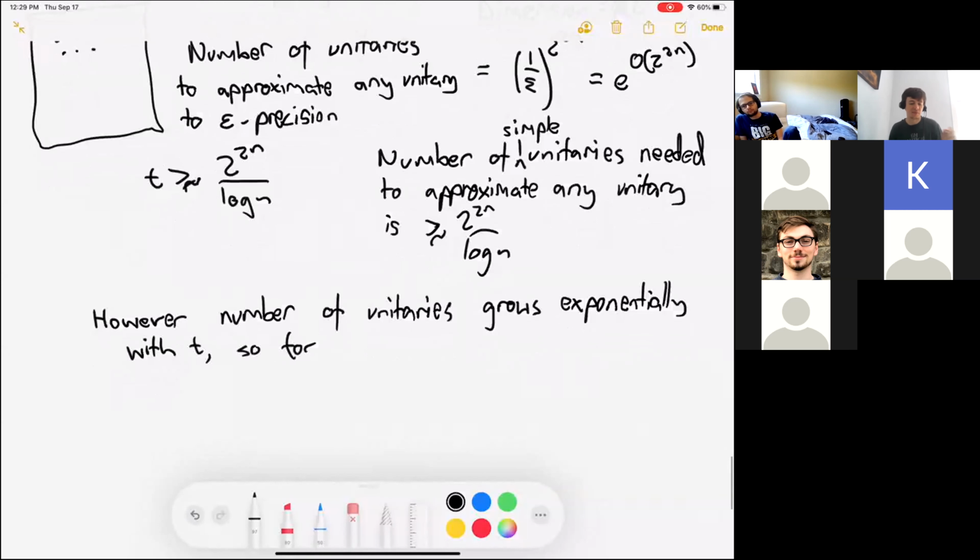I don't mean this in the mathematical probability 1 or probability 0 sense. I just mean in the limit of large n, the fraction that can be approximated will decay exponentially with n. It will be very, very tiny.